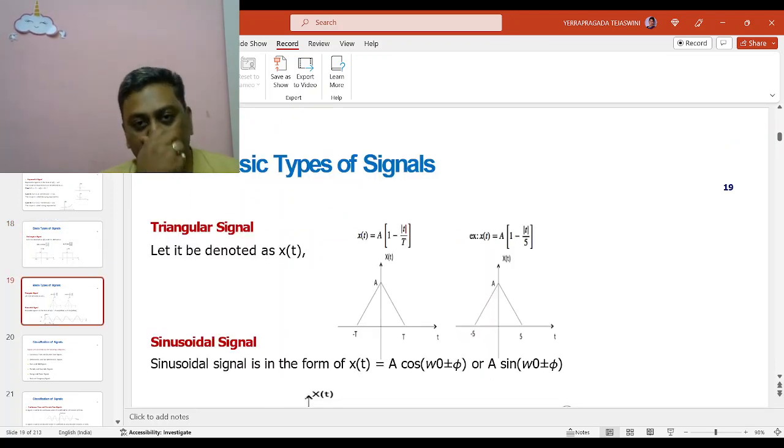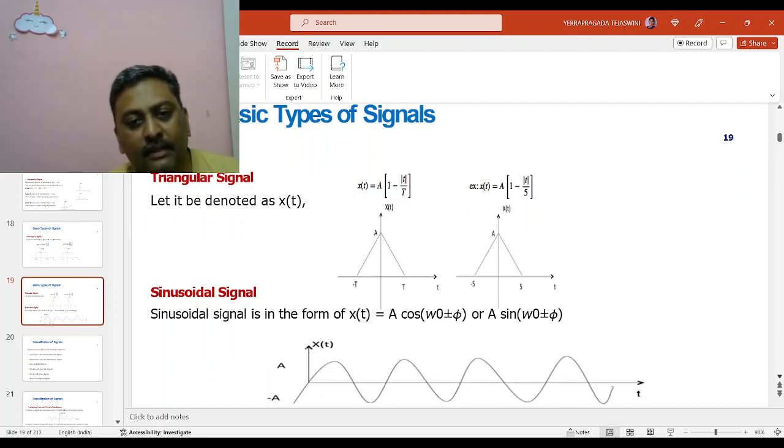Now next, triangular signal. By its name, we will be representing a square signal in square waveform and a triangular signal in triangular waveform. It is also denoted with x of t, and it would be A into 1 minus t by T, where T is the time period.